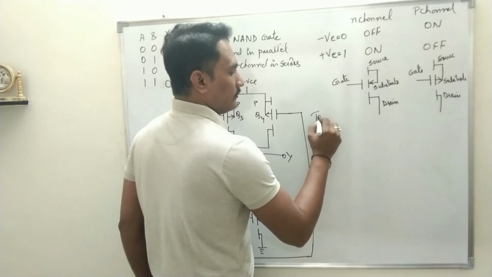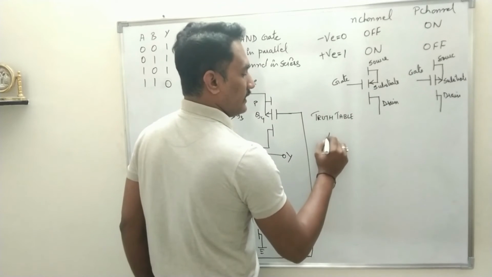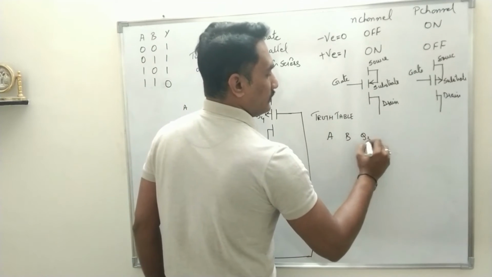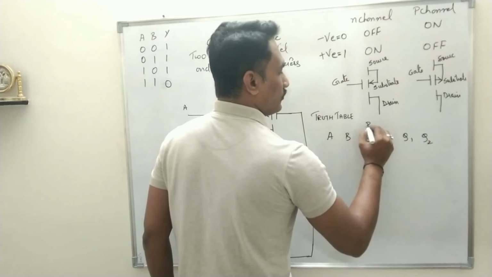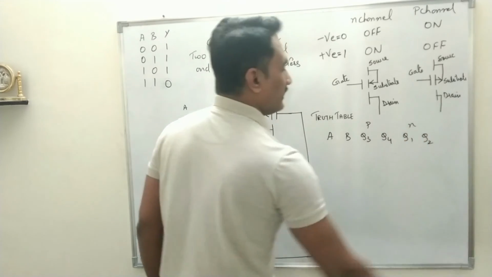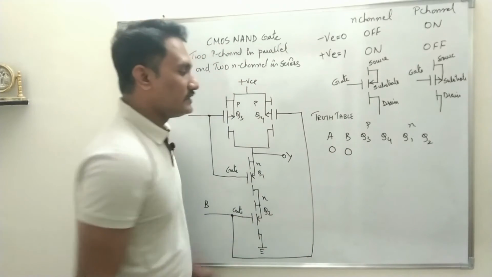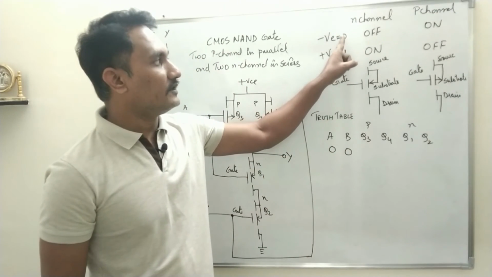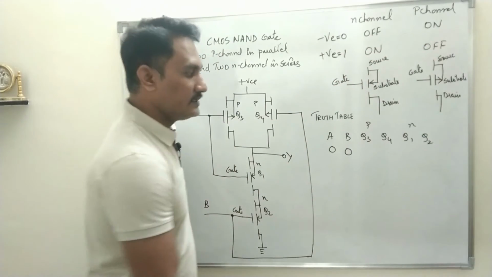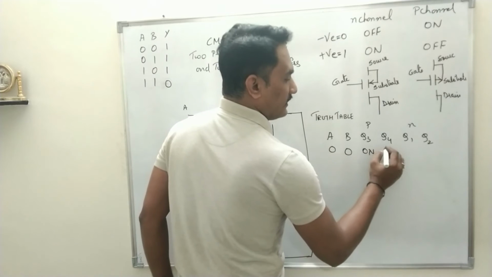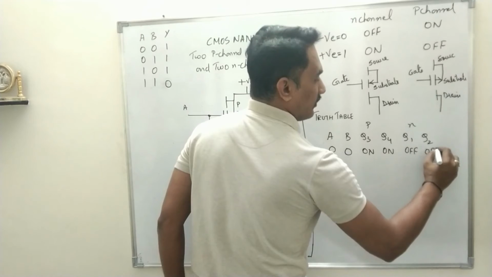So truth table: A, B, Q3, Q4, Q1, Q2. Q3, Q4 both are P channel, Q1, Q2 both are N channel. If you give 0 to A and B, now see what happens when you give 0. When you give 0, N channels are off, P channels are on. That means both Q3 and Q4 will be on, Q1 and Q2 both will be off.